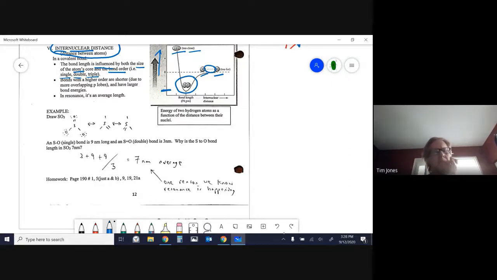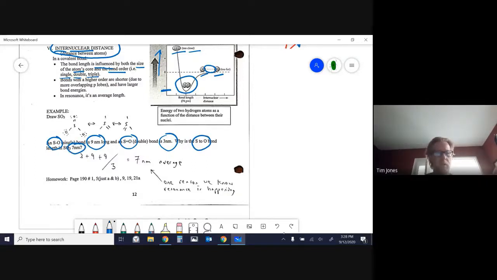And this question poses an interesting scenario. It says a sulfur oxygen single bond is 9 nanometers, but a double bond is 3 nanometers, which makes sense. Okay, the double bond's closer based on the discussion that I just had. So why is it that in a SO3 molecule, the SO bond is 7 nanometers?